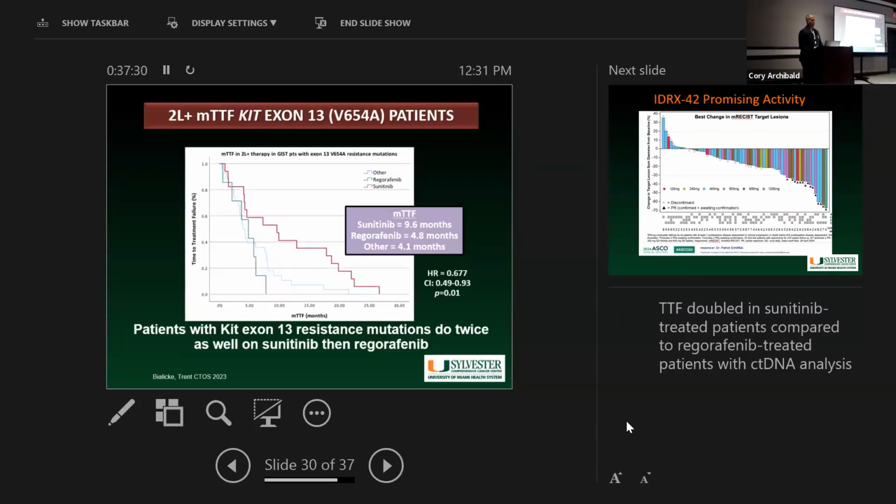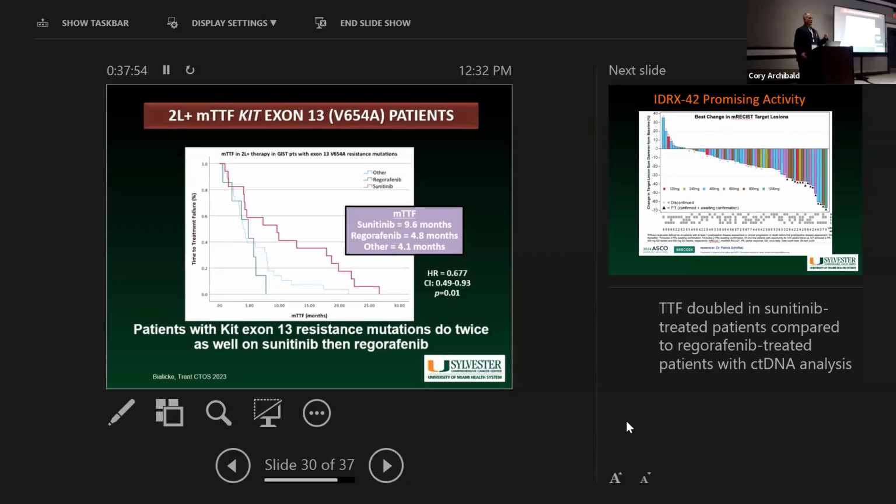And so we also looked at our data, and we looked at the second line plus patients with KIT exon 13 V654A mutation. And when those patients are treated, this is a retrospective review, not prospective, but when those patients were treated with sunitinib, they did twice as well as the patients treated with regorafenib when you look at the exon 13 group.